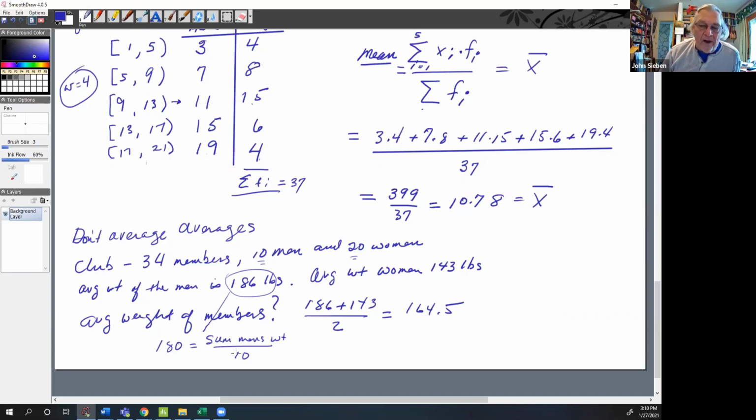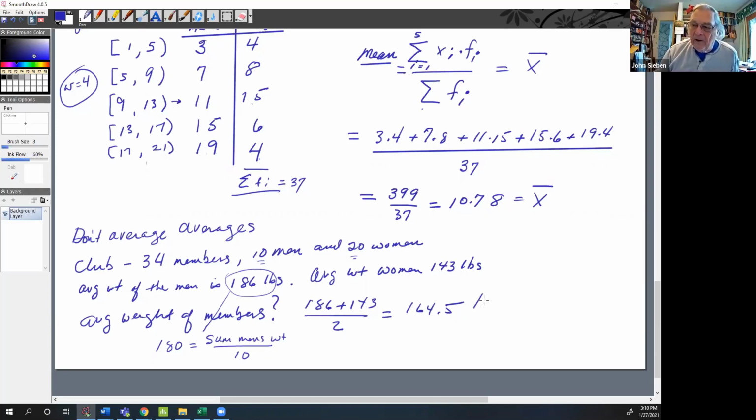That's how much the men would weigh if I added up all their weights. The same for women. 143 would be adding up all 20 women's weights and dividing by 20. So multiply 143 by 20, and that would be the sum of the weight of all the women.